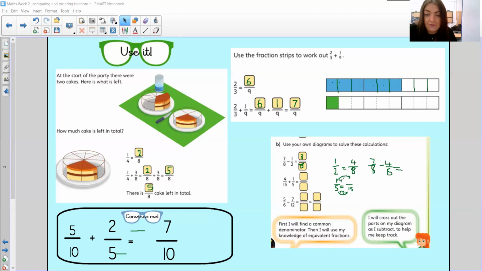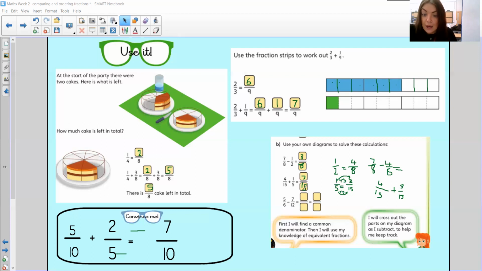So 1 times by 3 is 3 15ths. So now I've got 4 15ths. I'm adding those 3 15ths because they are the equivalent fraction to 1/5, which is going to give me 4 15ths, add 3 15ths, which is 7 15ths. 7 15ths is your answer there.